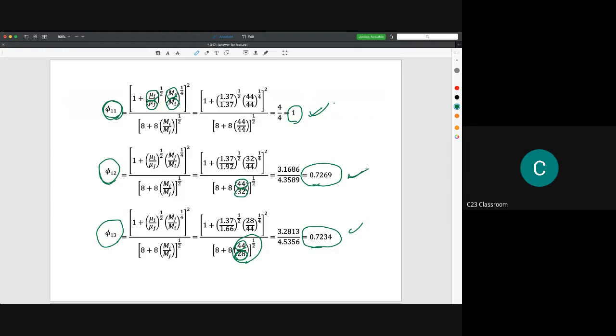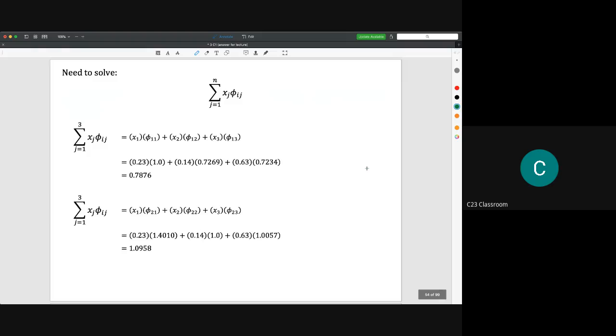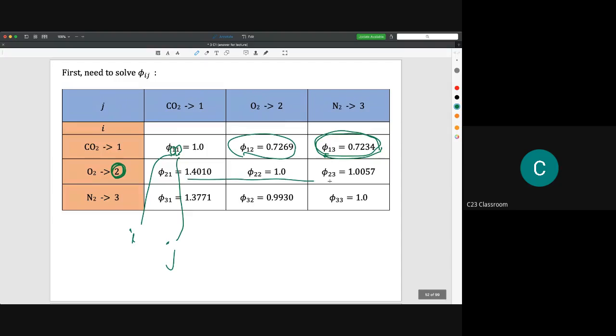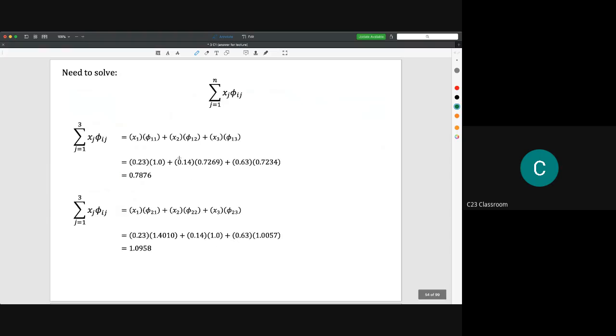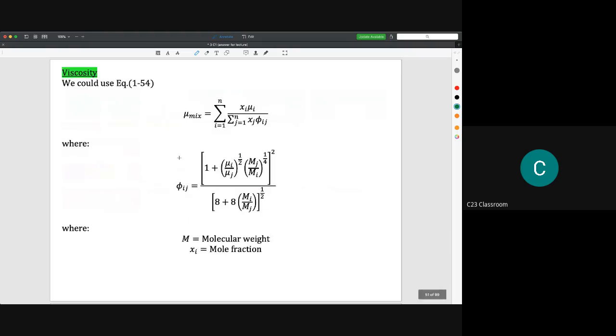Okay, and then what we do is complete all these values by using the same calculation. I just simplify them, and I just show you the calculation of this one. Again, you need to understand this equation: you need to calculate the phi, and then you need to calculate the sigma of x times phi.